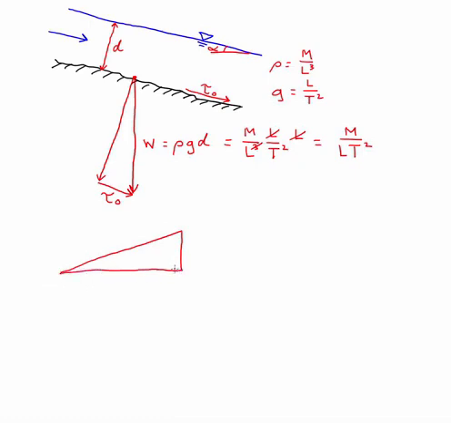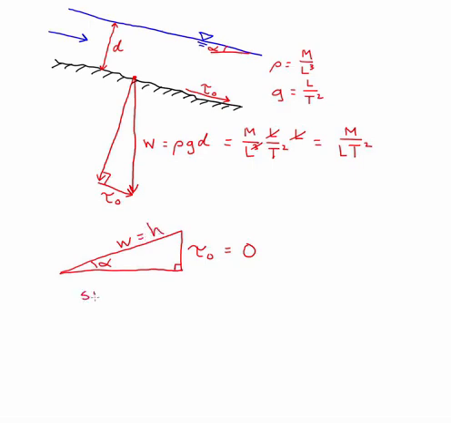Right, so I've just flipped this triangle here. Here's the right triangle on its side. And this, we know, we want tau naught, right? We're going to know alpha, and we're going to know the weight. So this is a case where tau naught equals the opposite side, and W equals the hypotenuse.